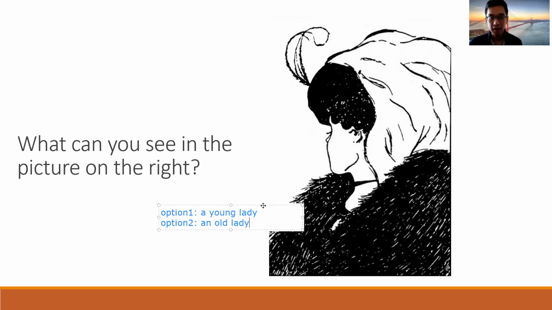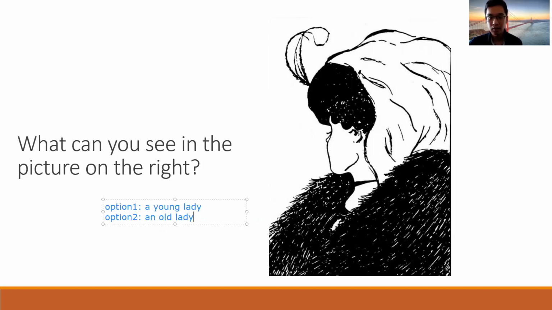And if you can see a young lady, you must see that here is the face of this young lady, right? So this part is the face. And this part is the hair, the black hair.